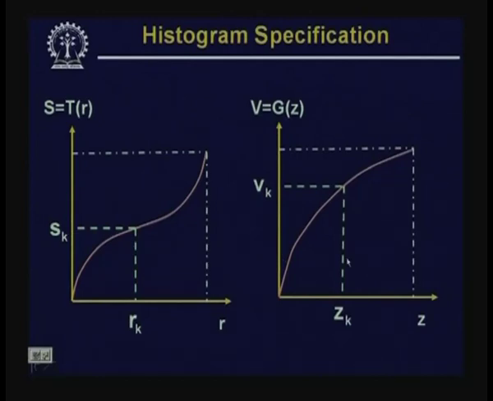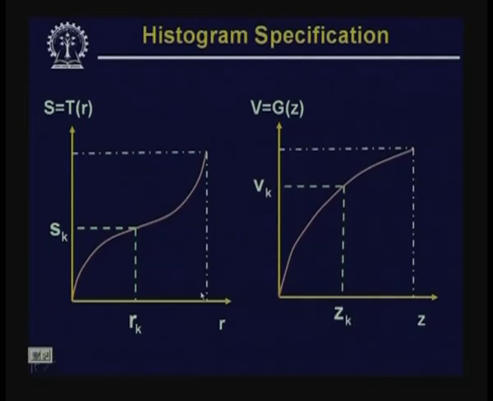So, this function T(r) gives the value s_k for a particular intensity value r_k in the given image. The function G(z) is supposed to give an output value v_k for an input value z_k. Now, coming to z, you find that z_k is the intensity value which is not known to us. We want to find out z_k from r_k.